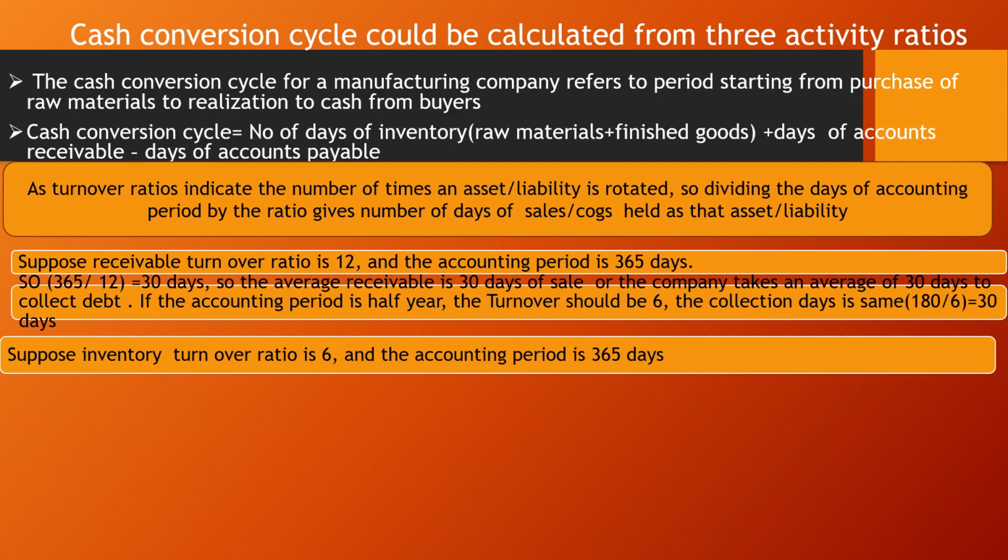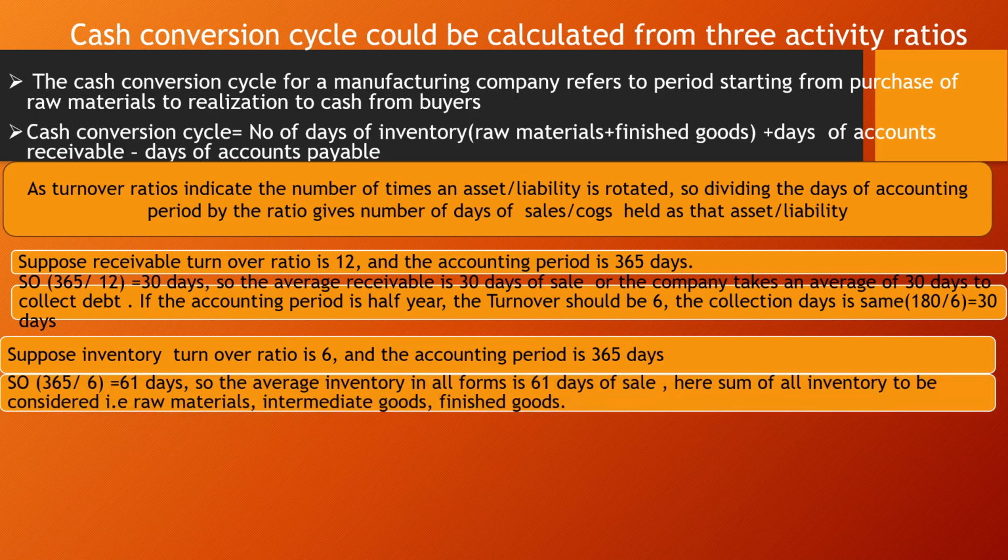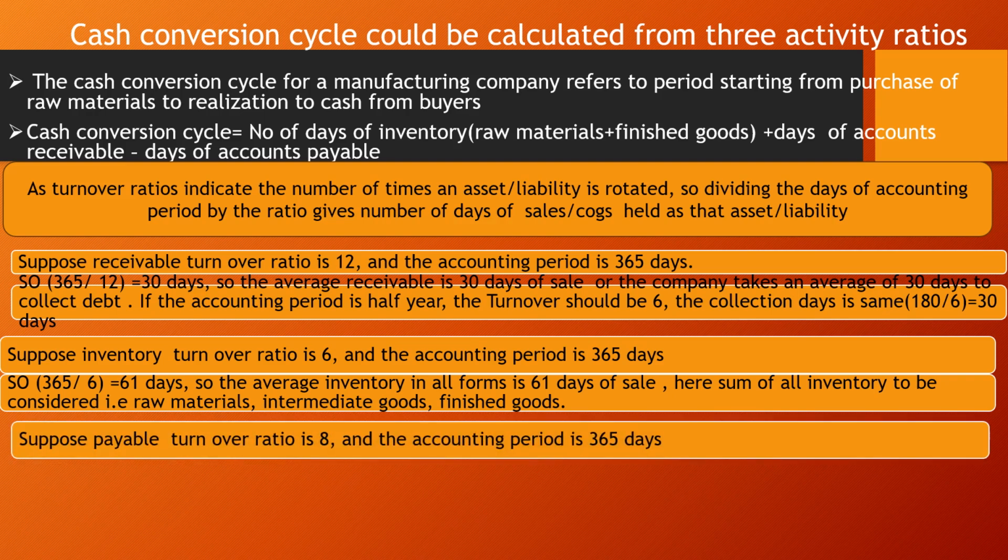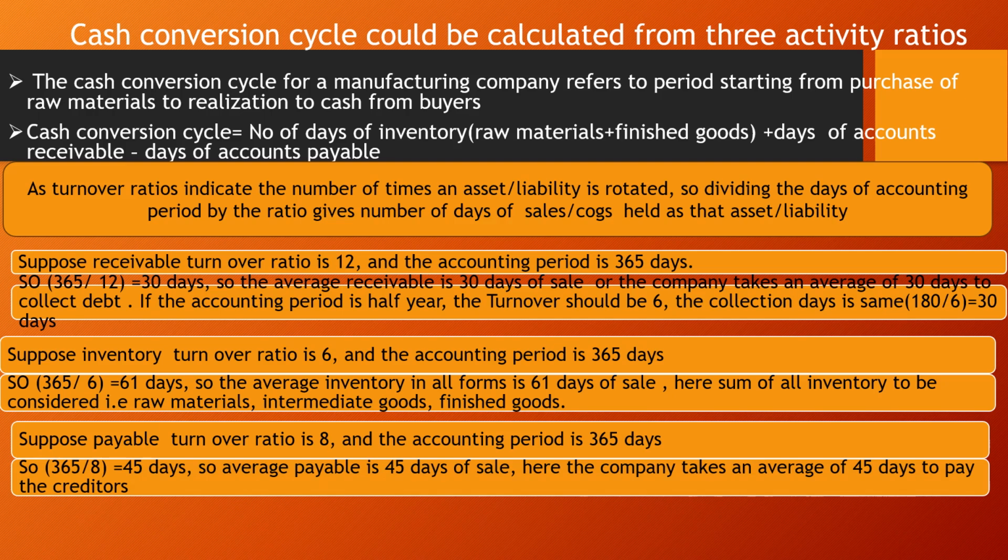Suppose the inventory turnover ratio is 6 and the accounting period is 1 year, that is 365 days. So 365 by 6 equal to 61 days. So the average inventory in all forms is 61 days of sale. Here sum of all inventory to be considered, that is raw materials, intermediate goods, finished goods. Suppose payable turnover ratio is 8 and the accounting period is 365 days.